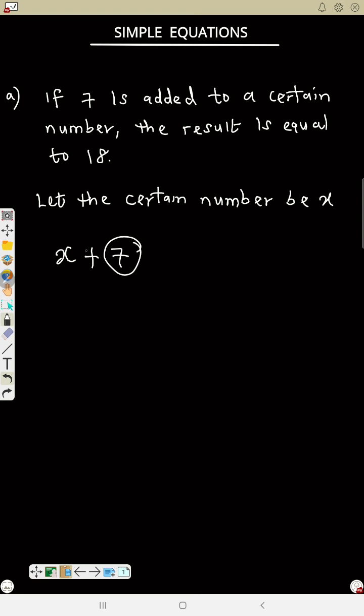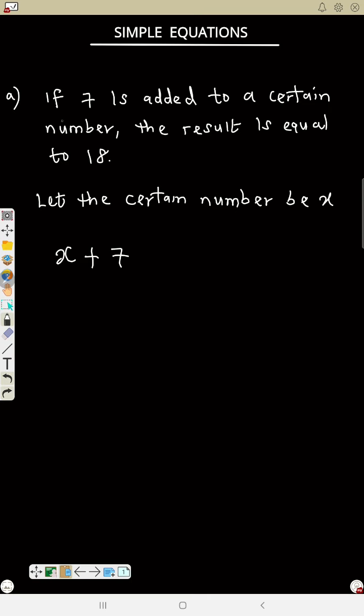So if 7 is added to a certain number, get that point. If 7 is subtracted from a certain number, then it will be x minus 7. This one means 7 is subtracted from a certain number, but the one we are doing is 7 is added to a certain number.